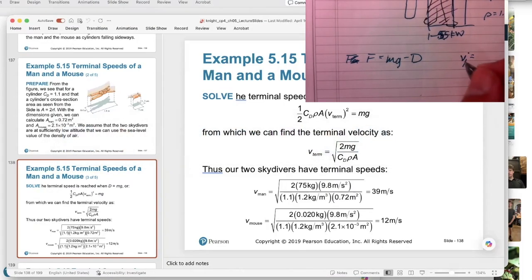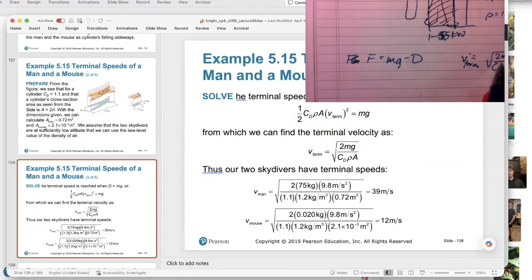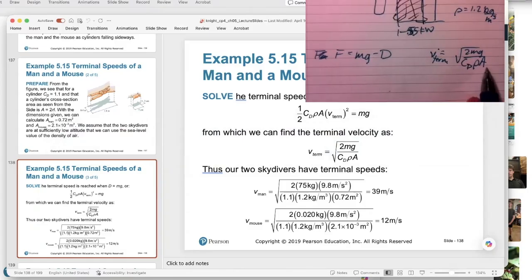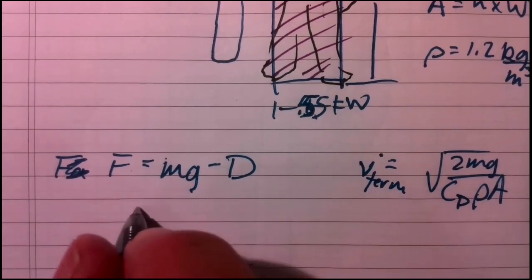So v terminal, let's start with that. It's the square root of 2mg divided by C_D times rho times A. This is how fast you're going to be going when you reach terminal velocity. And so we're going to substitute that in for the force of drag here. We're going to write this down.